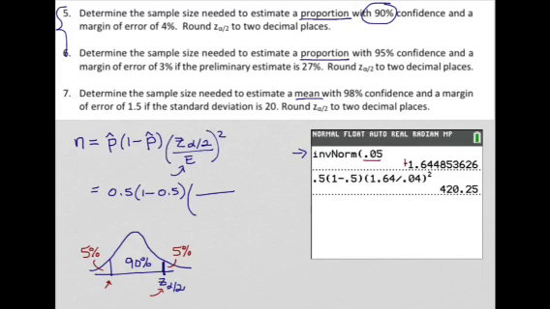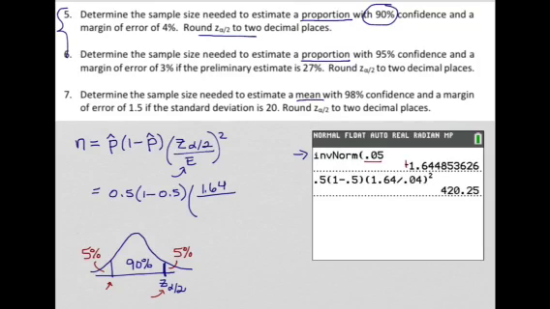If we forget to, it doesn't matter because we're going to be squaring anyway. So if we square the negative, then we're going to end up with a positive anyway. So really, if you don't remember to drop the negative, it doesn't matter. Now, it tells me in the problem to round this value to 2 decimal places, so this would be 1.64.